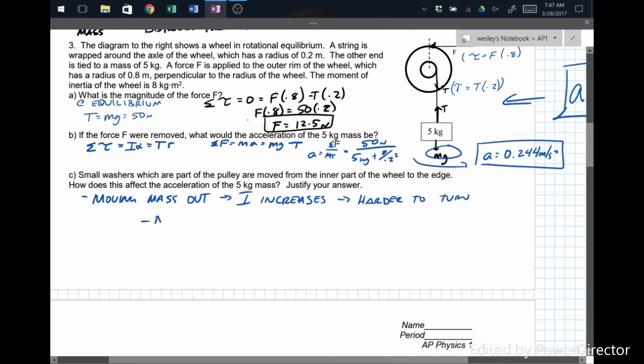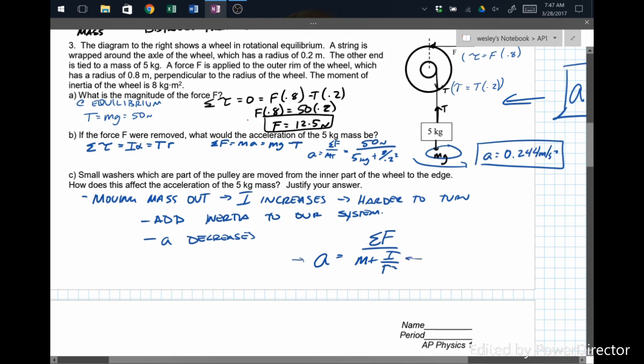We add inertia to our system. If that's the case, acceleration decreases. Again, if we look at the acceleration as the net external force divided by the mass plus I over r squared, if I make I bigger, I make acceleration smaller.